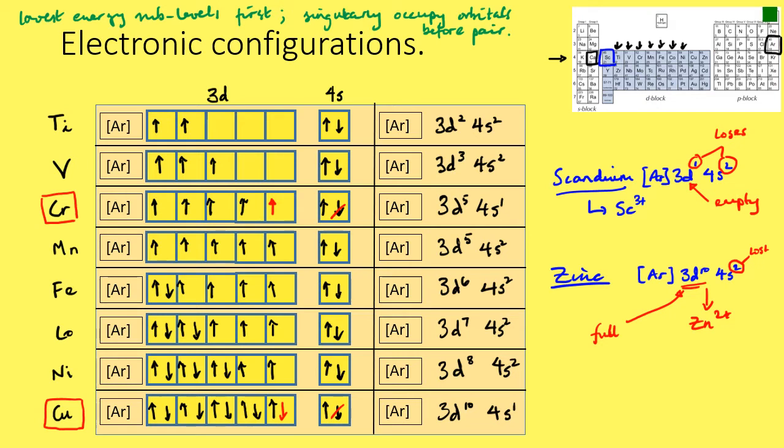And so we go back to 4s2, and we've now got 3d5 still. So our extra electron comes back into the 4s orbital.